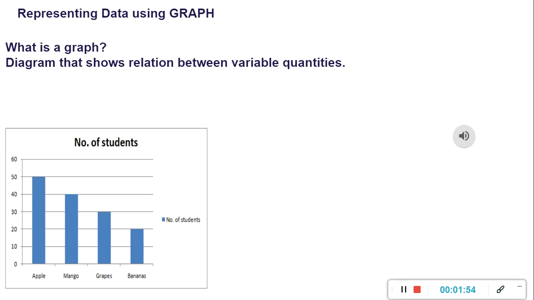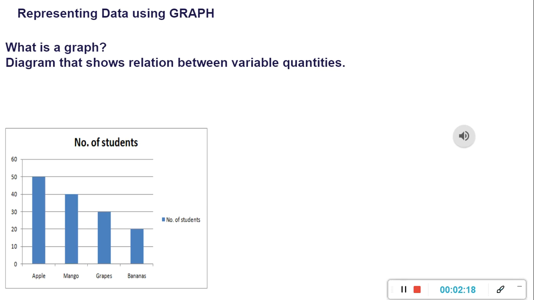So just looking at this graph, you can easily say how many of them like each fruit and which is the most liked fruit in the entire class. I mean, which is that fruit liked by most of the students in the class. So this is how graphical representation of data looks.